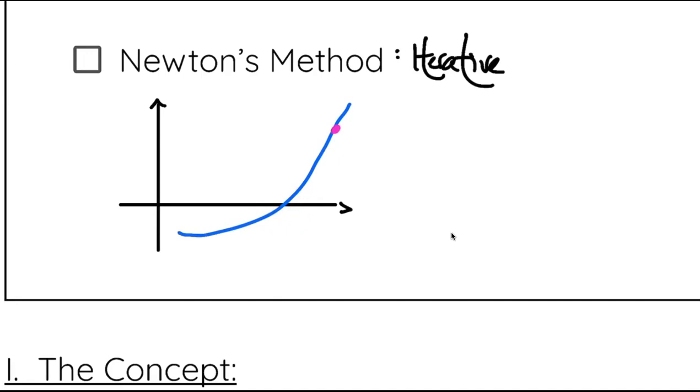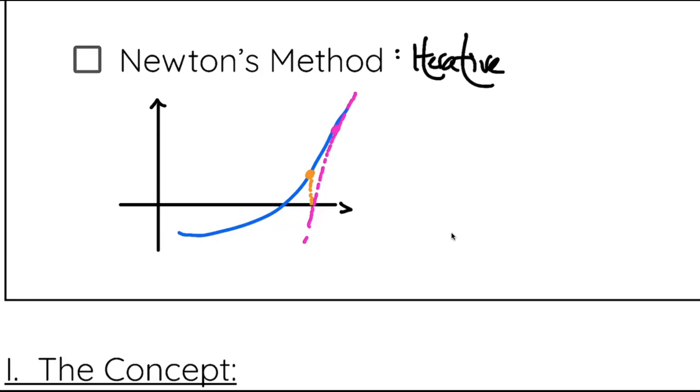And we're going to use the idea of a tangent line to find out where that line crosses the x-axis. And then we're going to use this new x value, and we're going to say, oh, that x value is about here on the curve. So we go up from the x-axis of the pink line to find a new point on the blue curve.